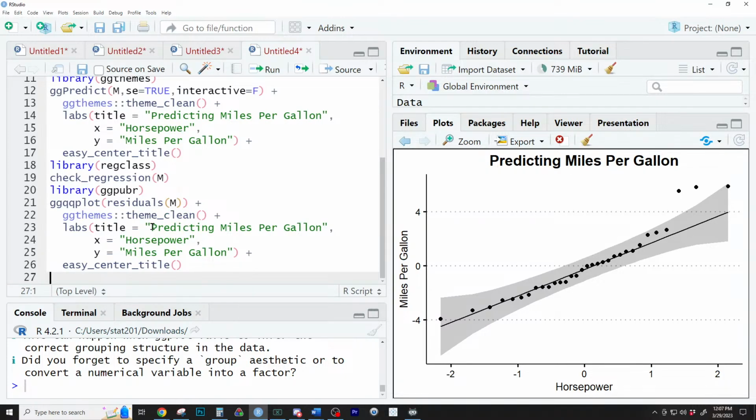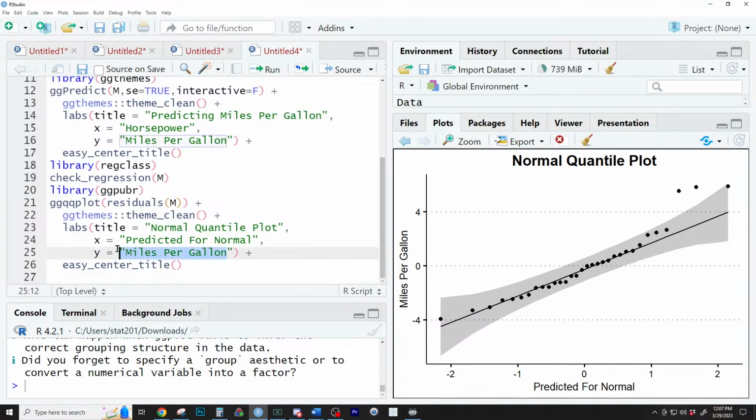So now we'd go right here and we would just say QQ normality plot or normal quantile plot. There's the normal quantile plot, and the X is going to be the predicted for normal, and the Y is the observed value.